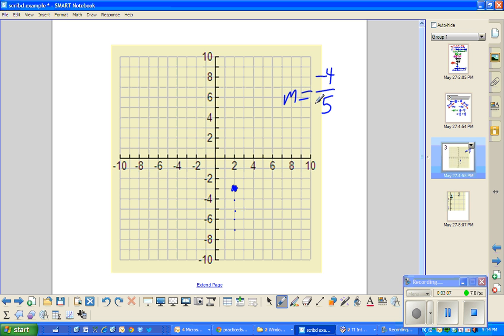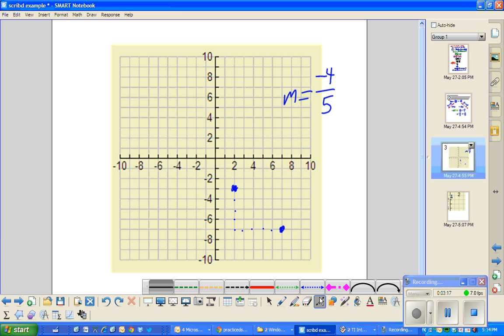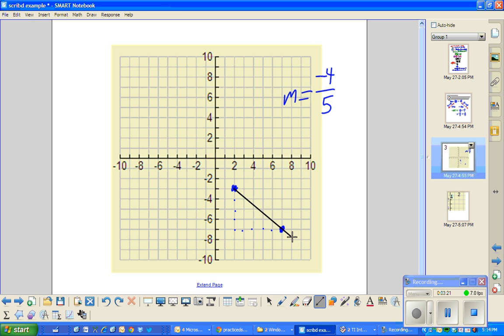And then I go the run, which is in this case positive, go to the right. 1, 2, 3, 4, 5. Okay, so there's my 2 points. Just going to have a line that connects the 2 points. And this line goes through there exactly. Alright, so that's the slope, negative 4/5.